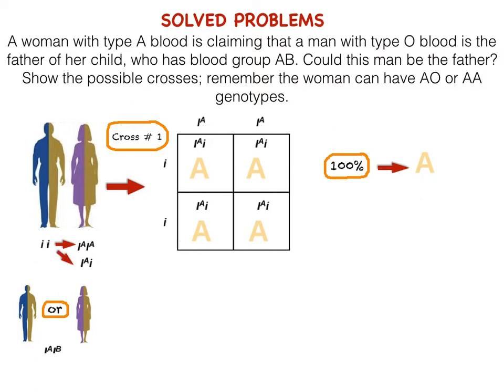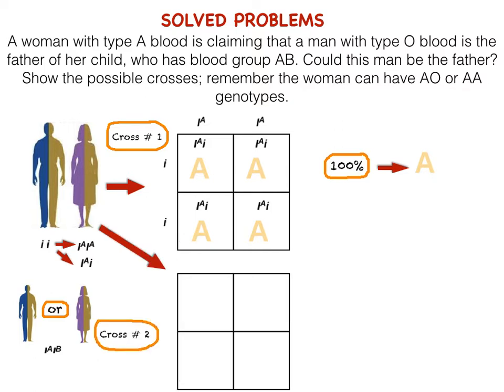If the woman is a heterozygote for the A allele, let's see what happens. The cross 2. Again, the man's genotype on the left hand side, the woman is heterozygote now for the A allele. So the first box is going to be a heterozygote A blood type. This is an O because the small i's are crossing, so they can have a child with O blood group.